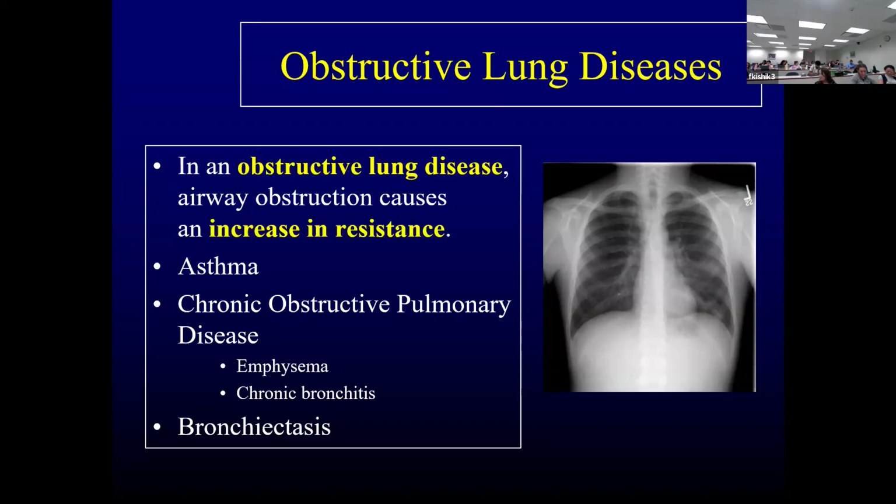And what is a restrictive defect? There is a restriction, either the lungs cannot expand or the chest wall cannot expand. Either the lungs become stiff, fibrosis of the lung, or the chest wall becomes stiff. You want to feel that feeling?